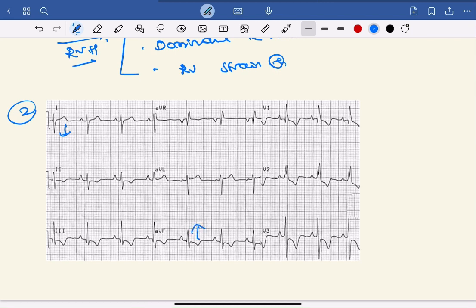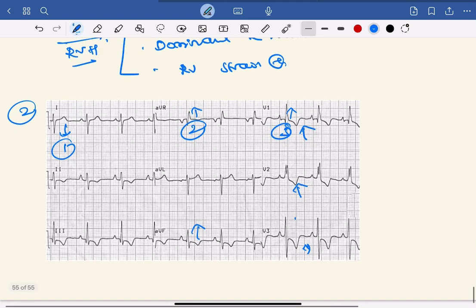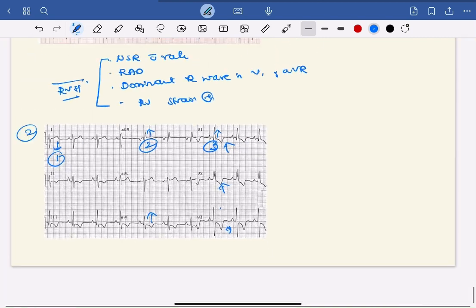So there is the right axis deviation, that's one criteria. Then there is predominantly dominant R wave in aVR and V1. That is second criteria, and third criteria, there is RV strain pattern. This is associated criteria. So this is also suggestive of RVH.